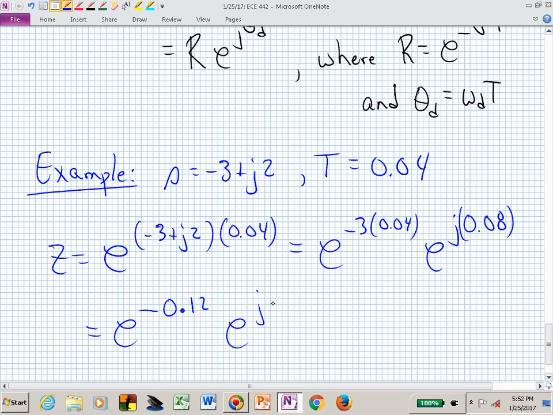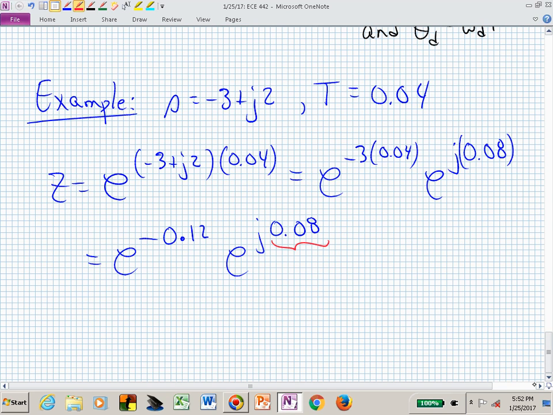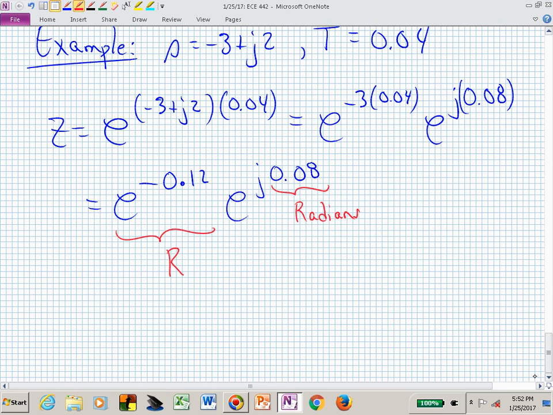E to the j 0.08, and remember that this particular value in this exponent has units of radians. It's not degrees. This is now in radians. And this again was our r. If you pull out your calculator, hopefully it has an E button on it.